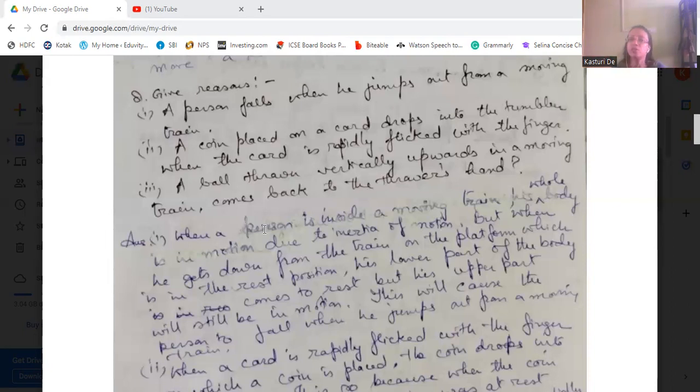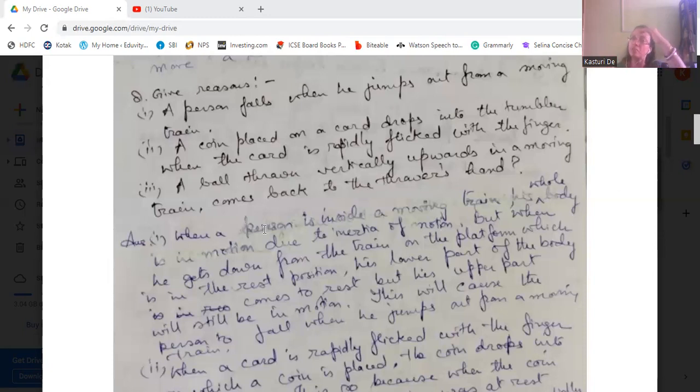So what happens? When you flick the card, it comes in the state of motion. Previously, the card and the coin both were in the state of rest. Now when we flick the card, the card comes in the state of motion, so it flies away. But the coin on the card is still in the state of rest.